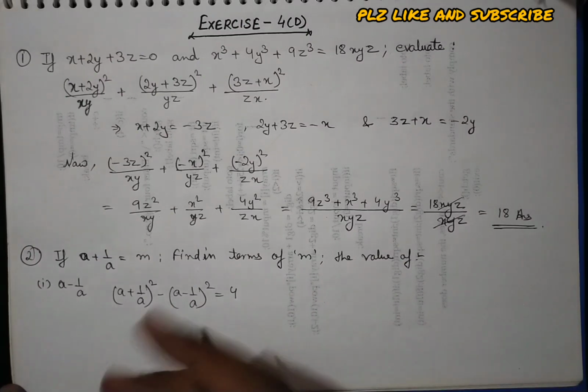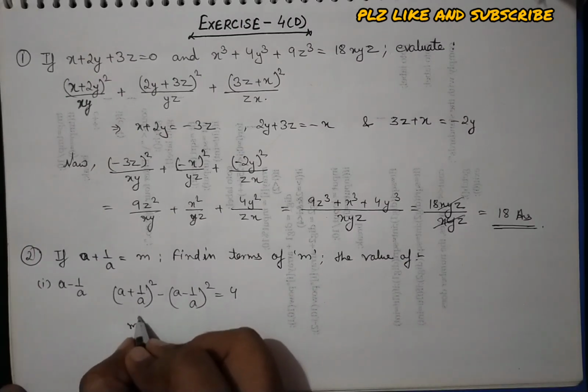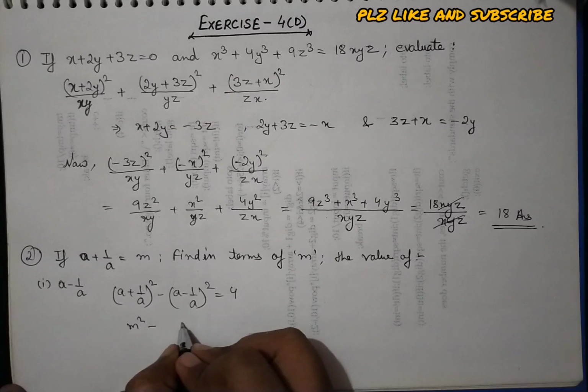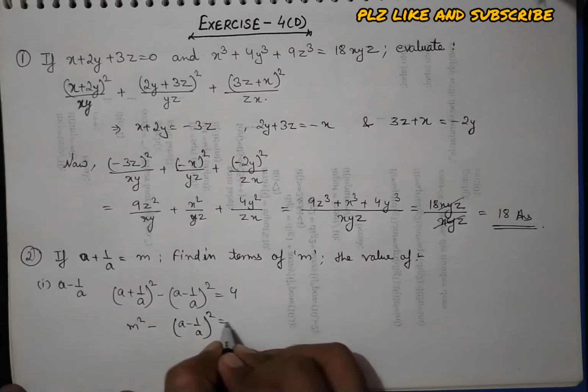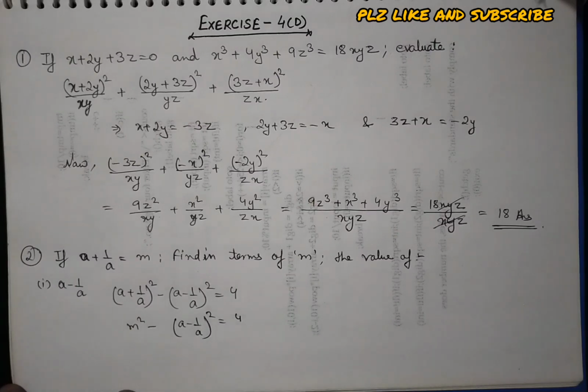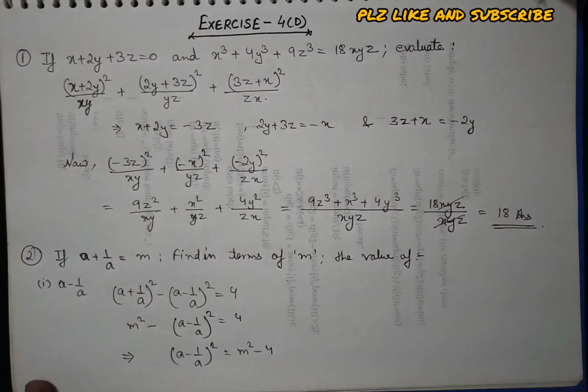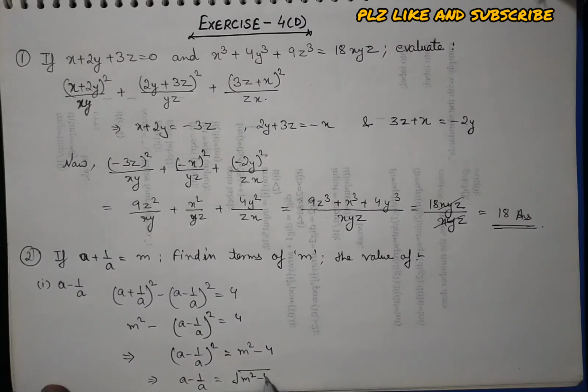Now we just place the values, and this will become m square minus (a minus 1 upon a) whole square equals 4. Now transposing, and then taking the square root on both sides, we get a minus 1 upon a equals plus or minus root of m square minus 4.